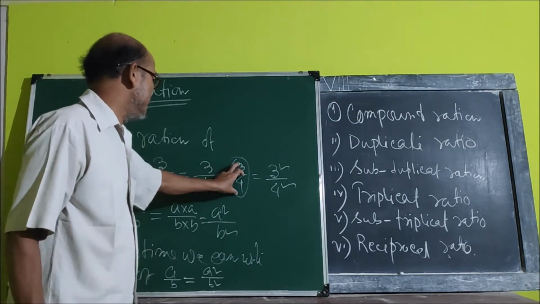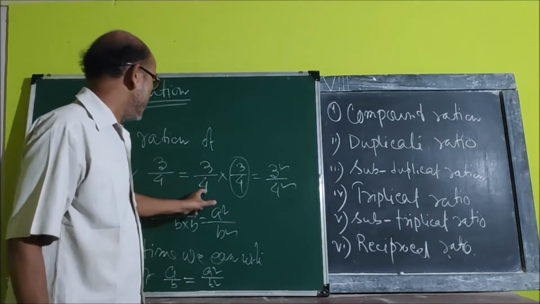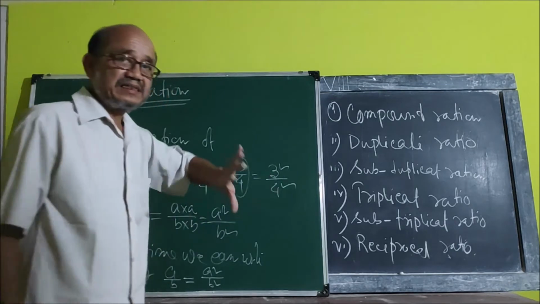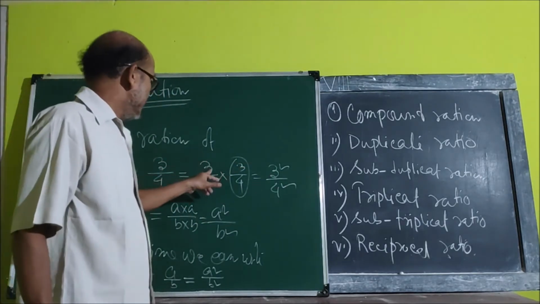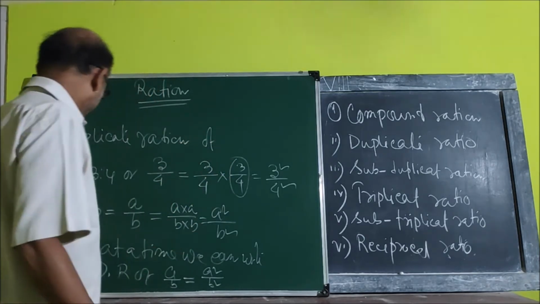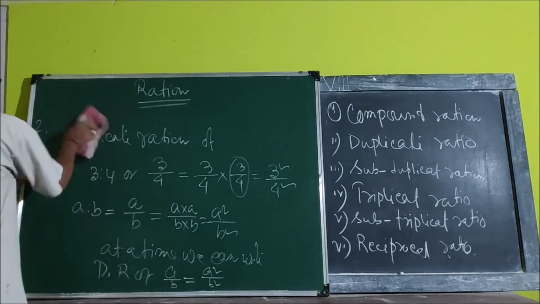It means the product of the same ratio, so 3 by 4 times 3 by 4 equals 3 square by 4 square. In the simplest language, the duplicate ratio means the product with the same given ratio. Now, next one, subduplicate ratio.